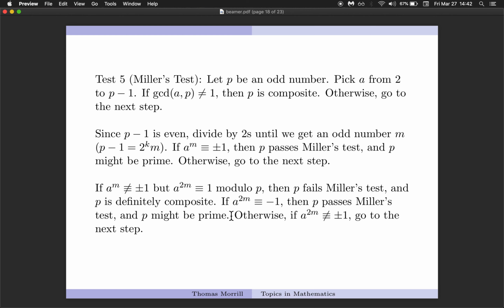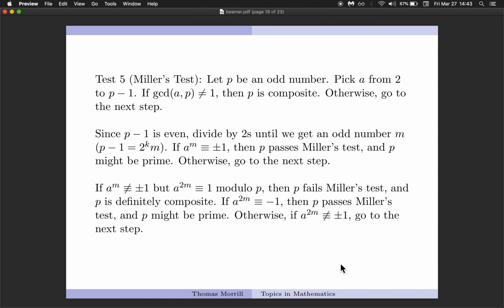Otherwise, I've found out that a to the power m is not plus or minus 1, and now I squared it, and I found that a to the power 2m is also not plus or minus 1. So maybe I could square this number and get a square root of 1, but I got to do that in the next step of my calculation.